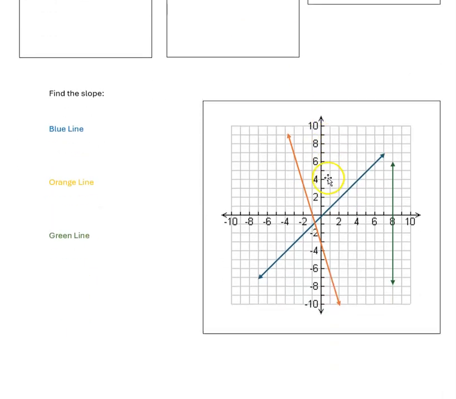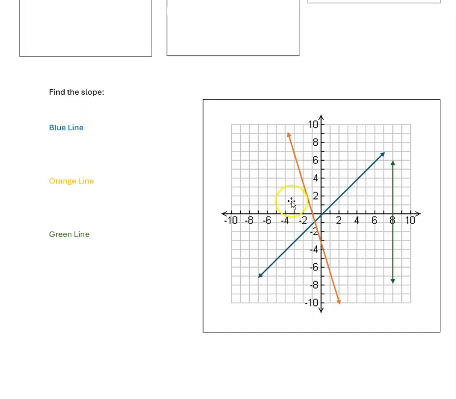Okay, now if you have find the slope and you're given the line, it's a little bit different. So the blue line, that's this one right here. What I'm going to do is find 2 spots on the line, and I'm going to count over. It's going to be called rise over run.